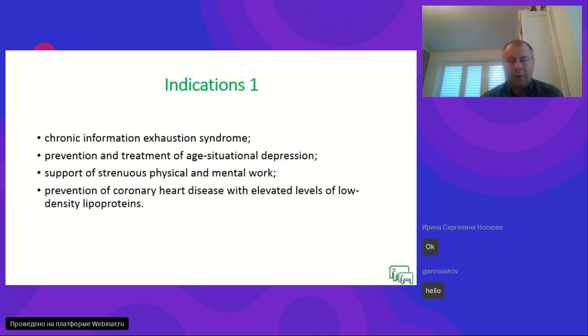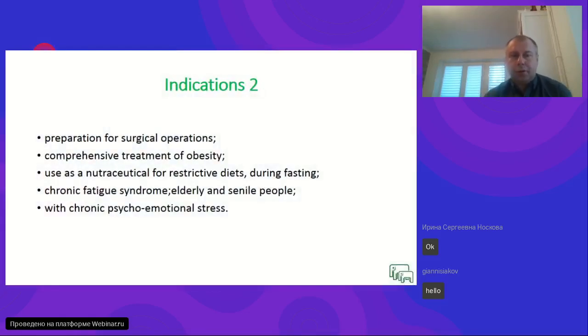Also for prevention and treatment of age situational depression, when elders don't recognize their age and they don't want to be friends with their age, to support physical and mental work, for prevention of coronary heart disease with elevated level of low density lipoproteins, for preparation for surgical operations, for comprehensive treatment of obesity. We use it as a nutraceutical supplement for restrictive diets and during fasting, for treatment of chronic fatigue syndrome with chronic psycho-emotional stress.